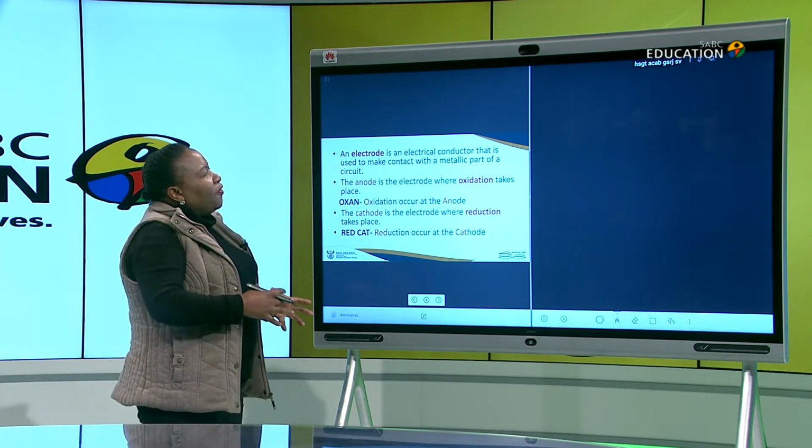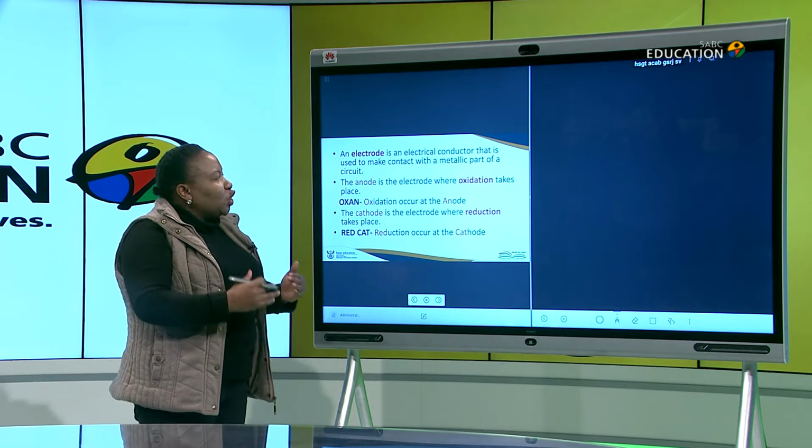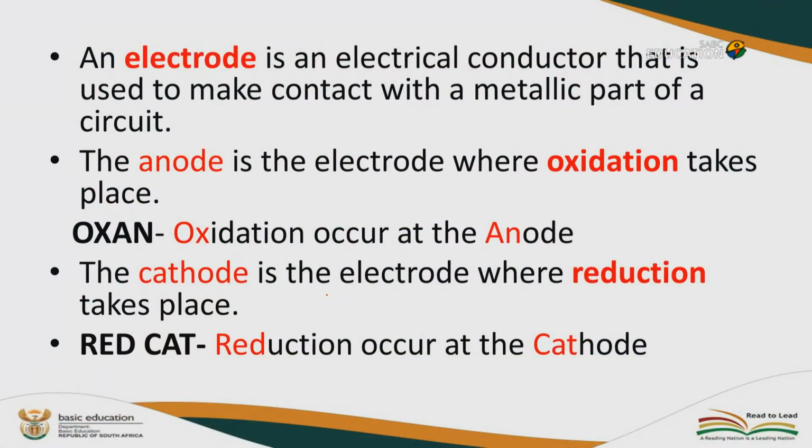Now, we have these electrodes, and these electrodes are also named, or classified. The electrode that will be undergoing oxidation reaction will be referred to as an anode, and the electrode that will be undergoing reduction reaction will be referred to as a cathode. So we can also use these tips: AN OX and RED CAT. AN OX means oxidation reaction, we get an anode.